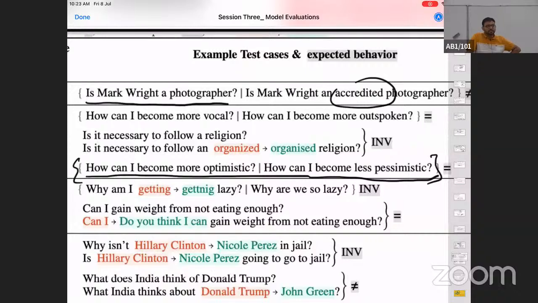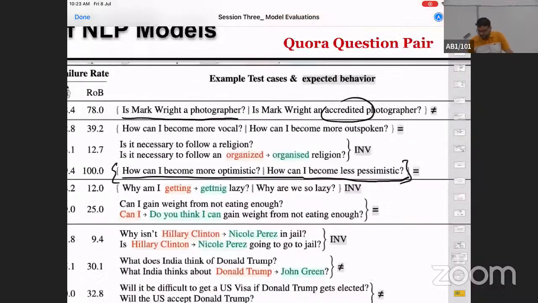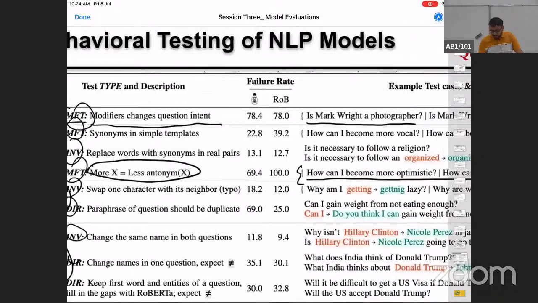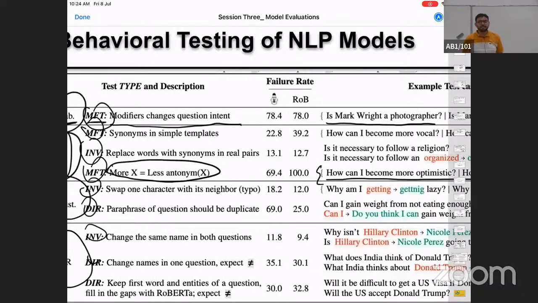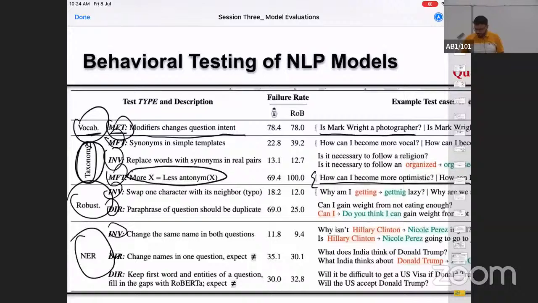Are these two similar sentences? But a lot of words are different. The tokens are different between these two sentences, right? So what is the idea? The idea is the model should have these capabilities. The model should understand this taxonomy, that this word is a synonym of the other word, this word is an antonym of that word, right? They have experimented with two academic systems this time, BERT and RoBERTa, and you see the failure rates here. That means what? These models don't have a very good understanding of taxonomy.